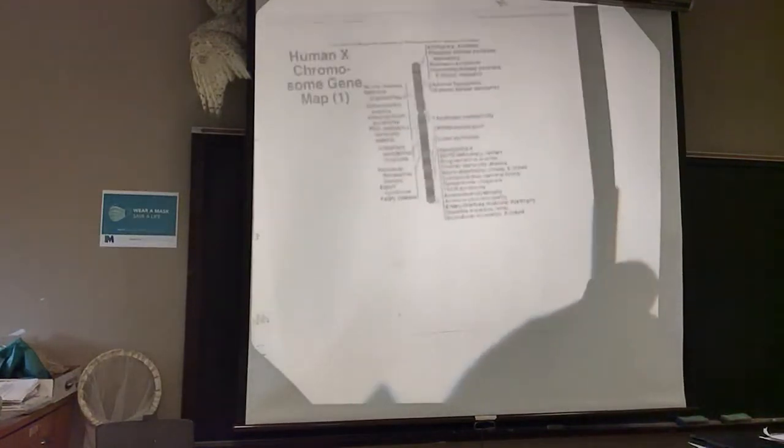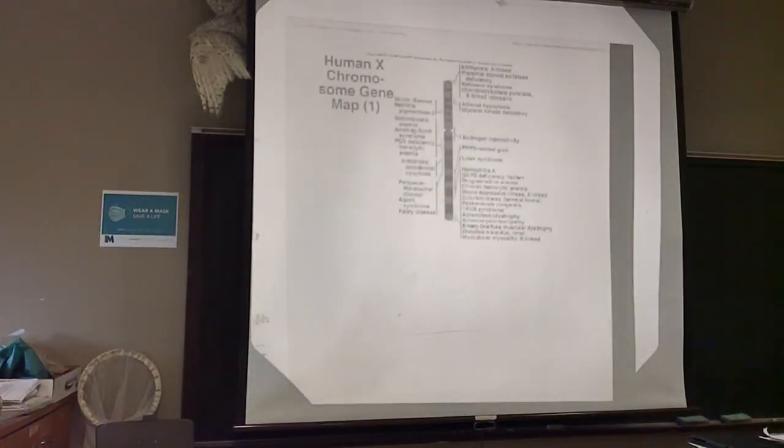This one's a little smaller. That's the X chromosome. Male hormone insensitivity, placental steroid sulfatase deficiency. As I said, they tend to name these after diseases that you get. Fabry disease, hemophilia A, things that you get if you get an allele on there for a non-working protein, well, this is the only copy you get.